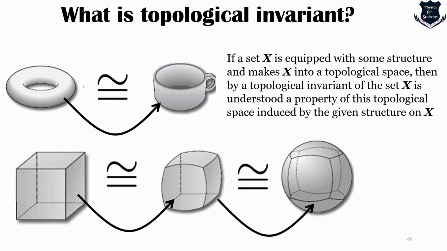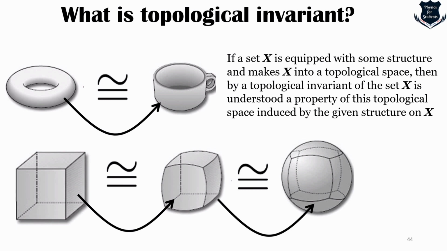If a set X is equipped with some structure that makes X into a topological space, then by a topological invariant of the set X is understood a property of this topological space induced by the given structure on X. Fairly simple. So we understand what a homeomorphism is: bijective, continuous, and the inverse is also continuous.